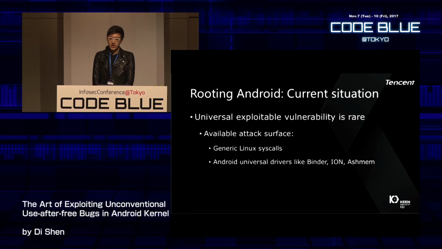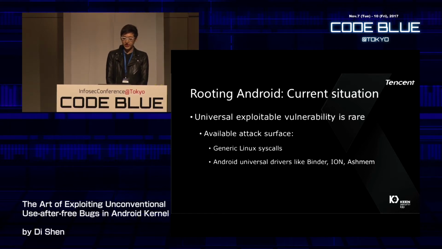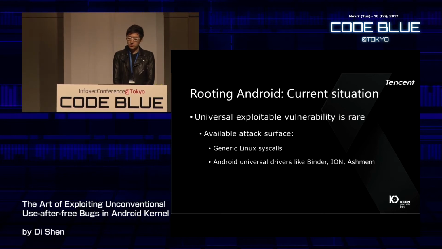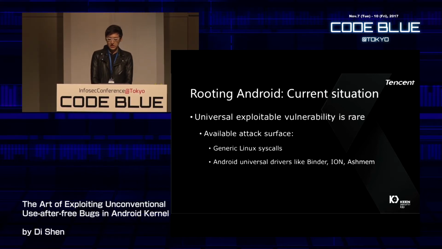So let's talk about the current situation of rooting Android. While Google keeps improving the kernel security on Android these years, the situation of rooting Android has changed a lot. Currently, Google fixes bugs every month, and most OEMs can provide an OTA update on time. So if you want to root the latest devices, you have to find 0-day vulnerabilities.